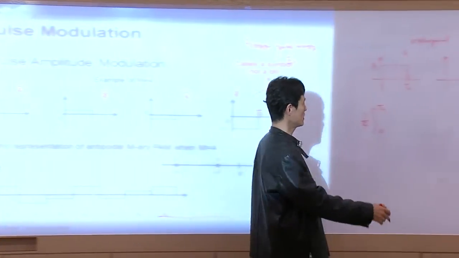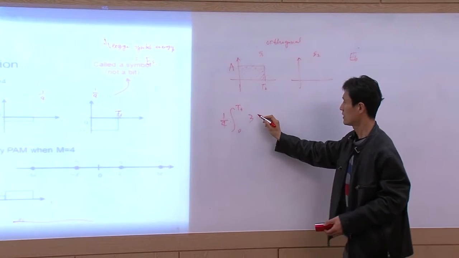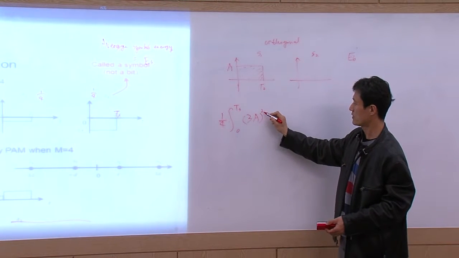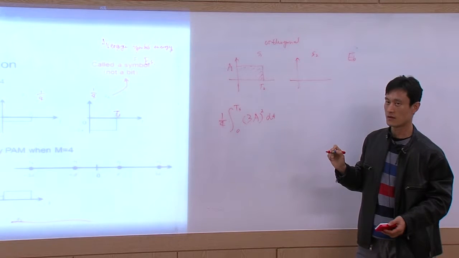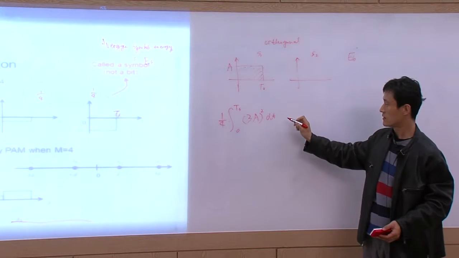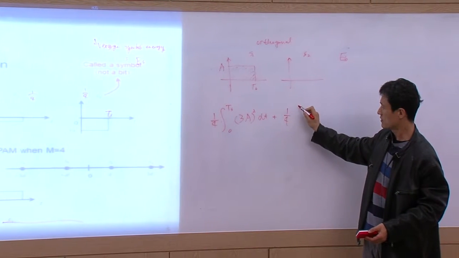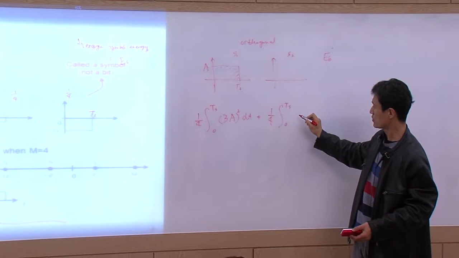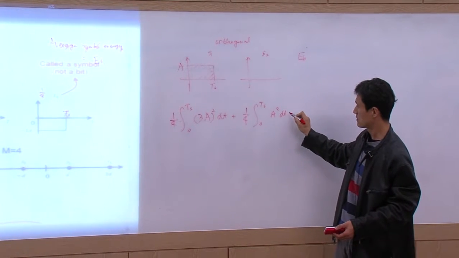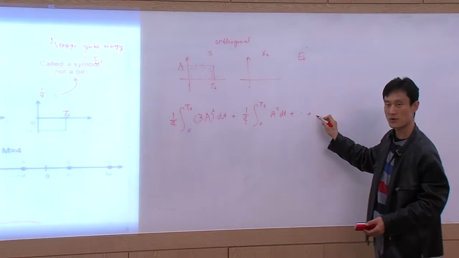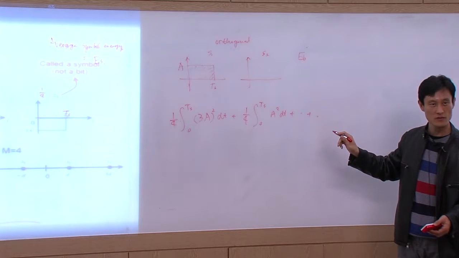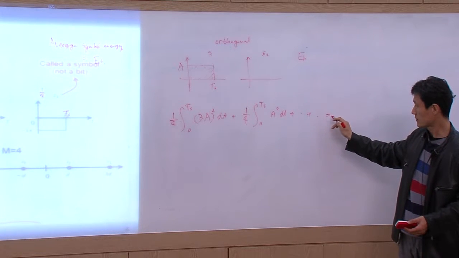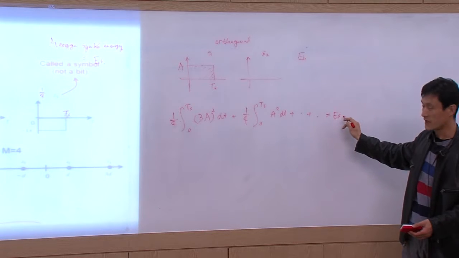So you are integrating 3A square dt. That's for S1. Same thing for S2, same for S3, same for S4. Eventually that equals ES.